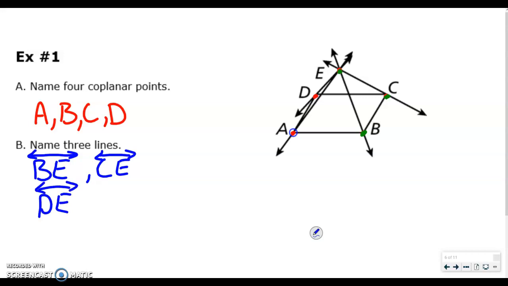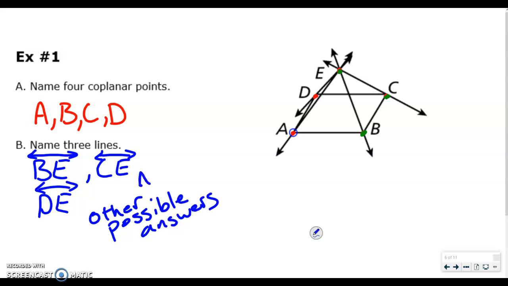So there are other possible answers as well. Like I said, A to E would be a possibility.